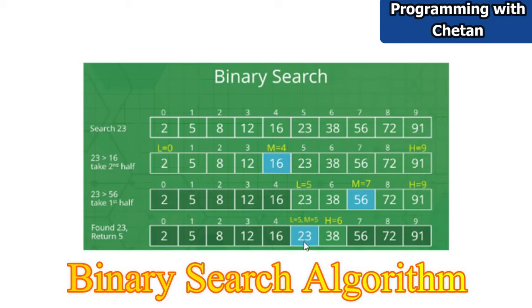No. Then the third case, we check if this value is equal to the middle value. And here our middle value is equal to 23. So we check if my search element, or the target element, is equal to the middle value. Yes, this time it is correct and it will return the index of the middle value, that is 5.